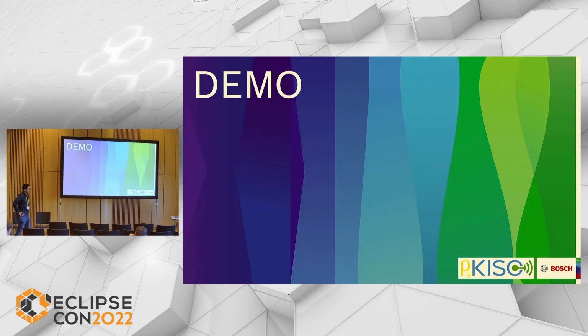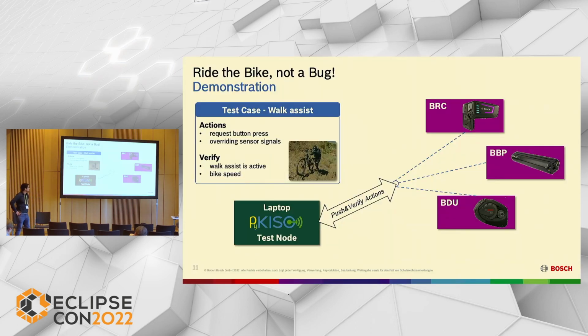Okay, we also brought a little demonstration for you. What we would like to demonstrate is a test case which we call Walk Assist. Our bike provides a feature called Walk Assist, which helps you when pushing the bike.